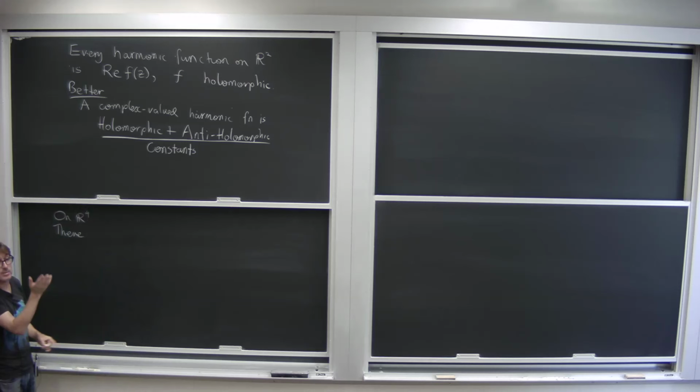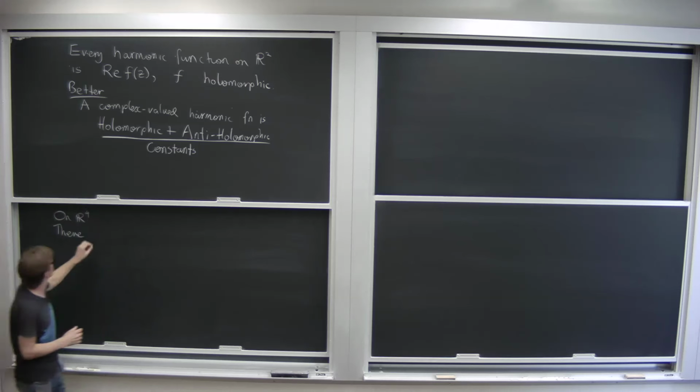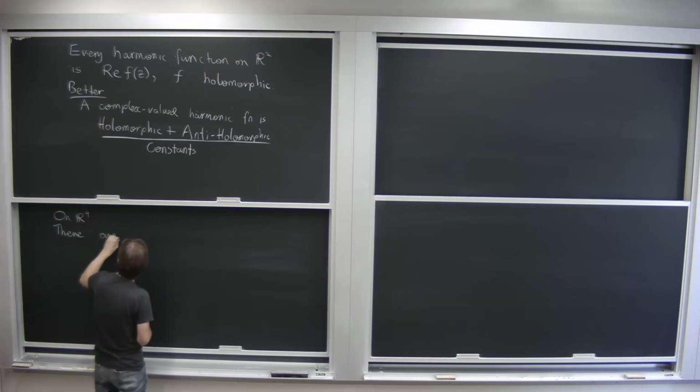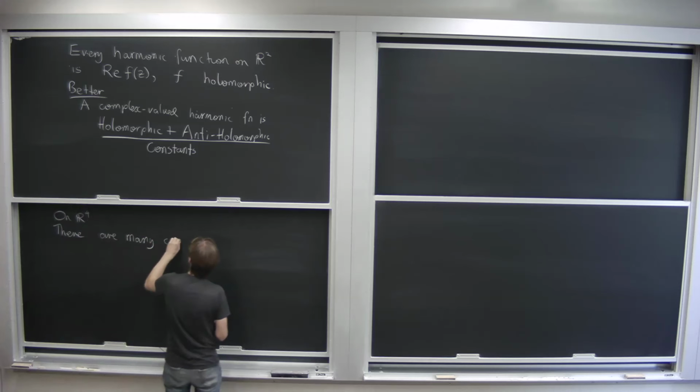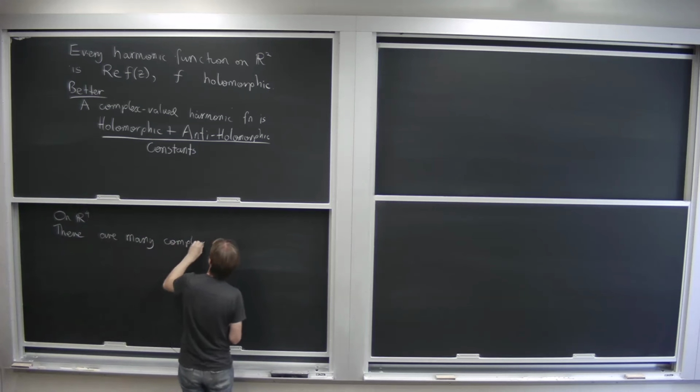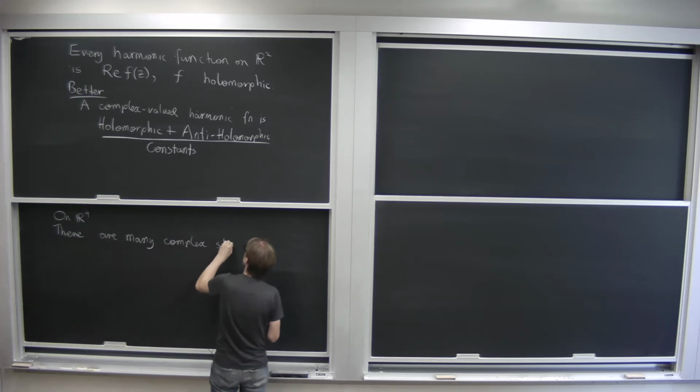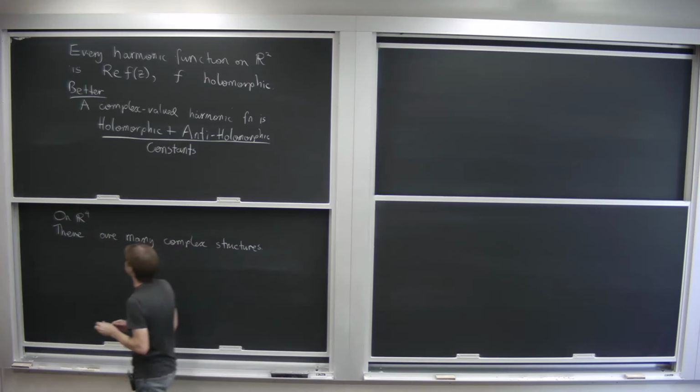On R2, there is one complex structure and its complex conjugate, but in R4, there are many complex structures. So let's parameterize them.